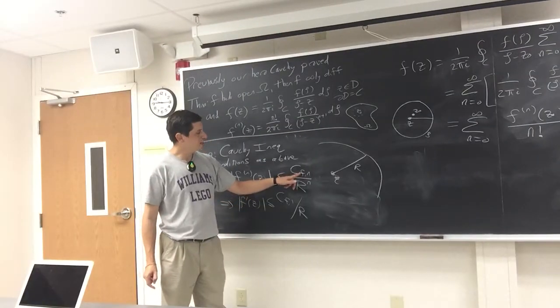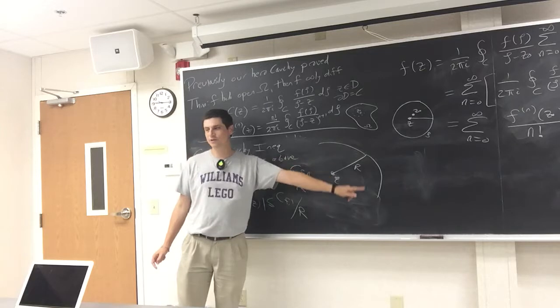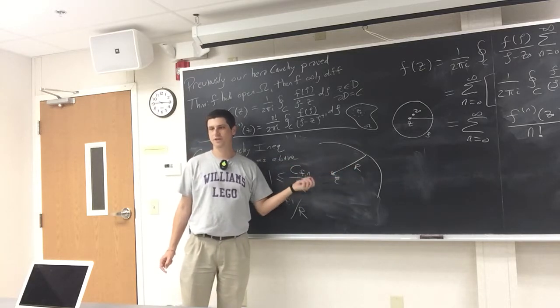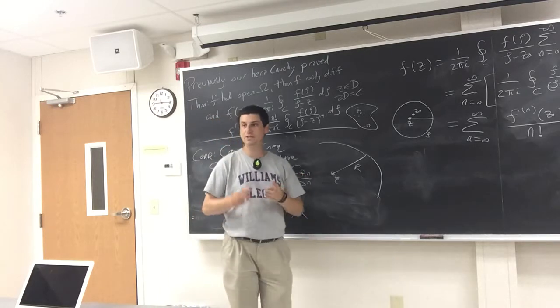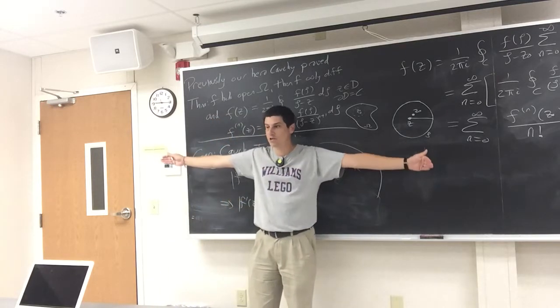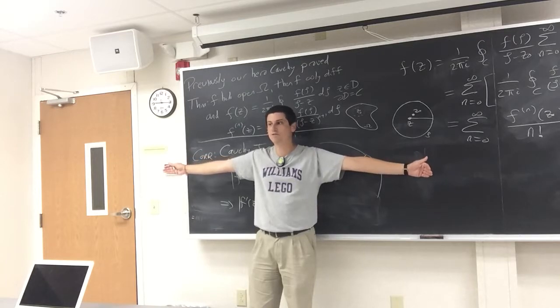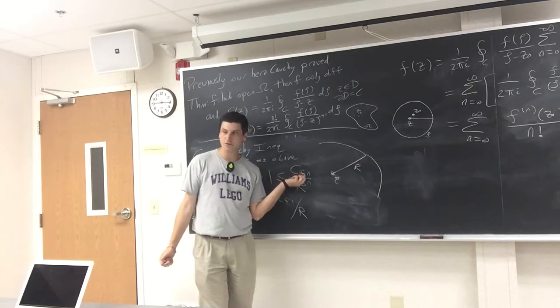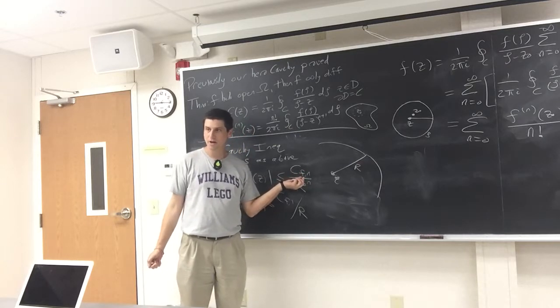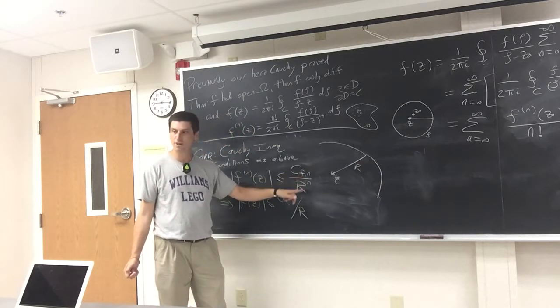It depends on the size of the function on a circle of radius r. I really should have some r dependence in this constant. Because, for instance, if I have the function f of z equals z, the further out I go, the larger my radius, the larger the bound on the function will be. So if I write that it depends on the function, that's correct, but it also depends on the size of the radius. That's how it depends.